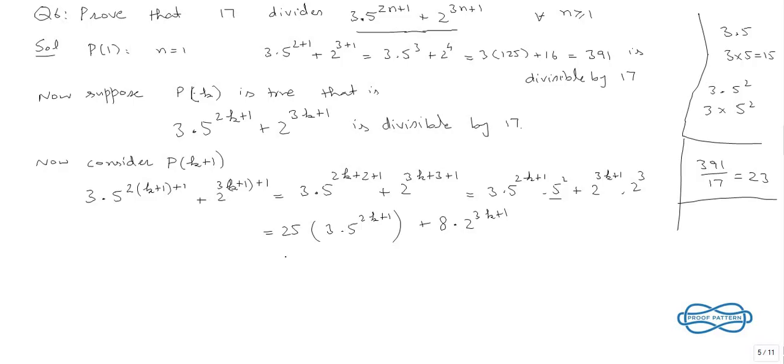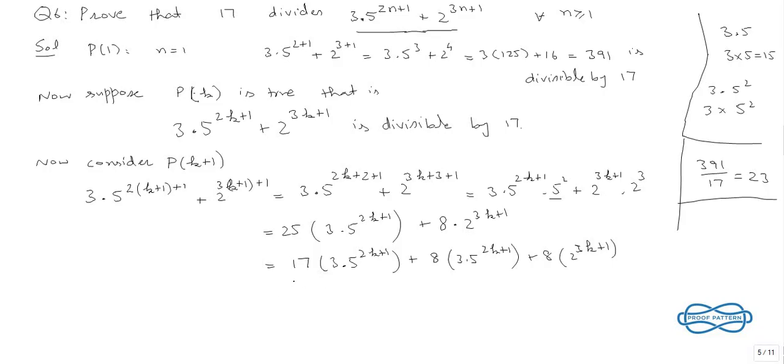Okay, we just rearrange. This 25 can be split into two portions, that is 17 and 8. This is 17 times 3 into 5 to the power 2k plus 1, plus 8 times 3 into 5 to the power 2k plus 1, plus 8 times 2 to the power 3k plus 1.